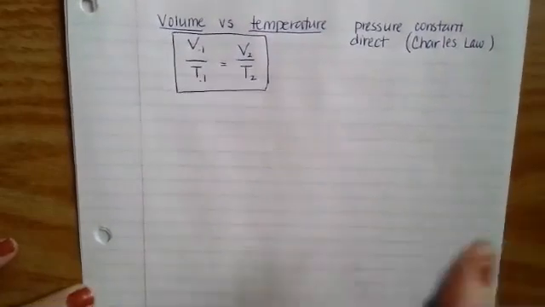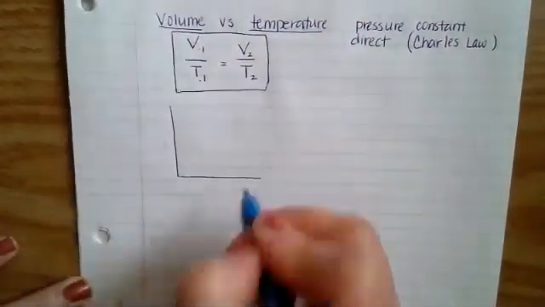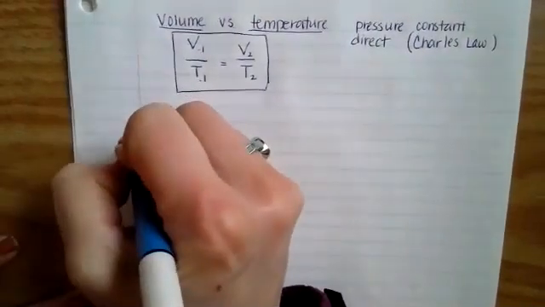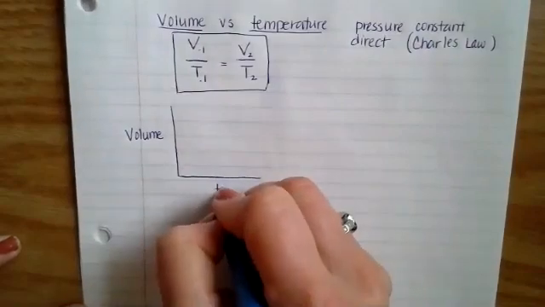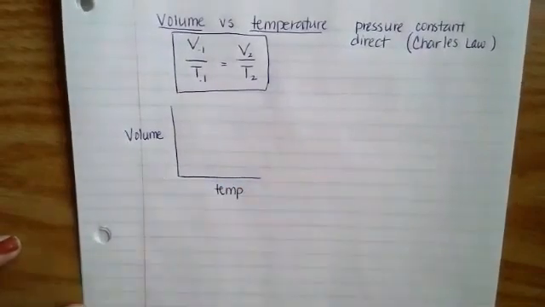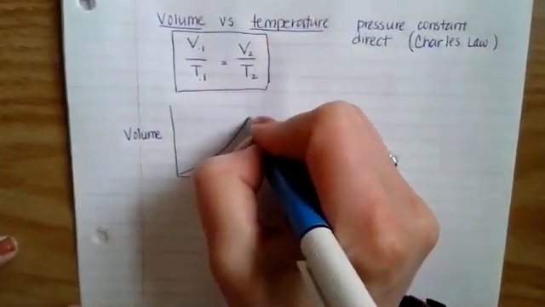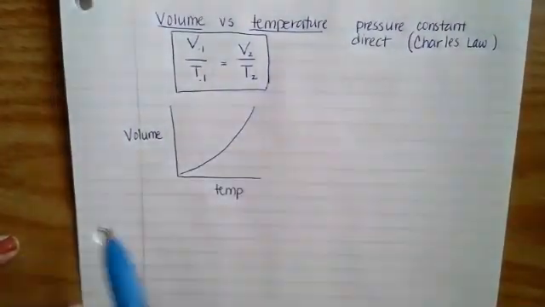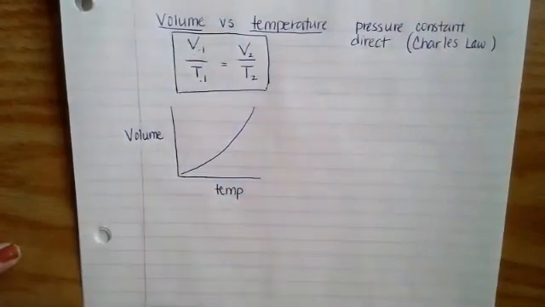And let's make a little graph there to show ourselves what a direct relationship looks like. I'm going to use volume on my y-axis and temperature again on my x-axis, and my graph would look something like this. A direct relationship is one increases, the other increases, and vice versa.